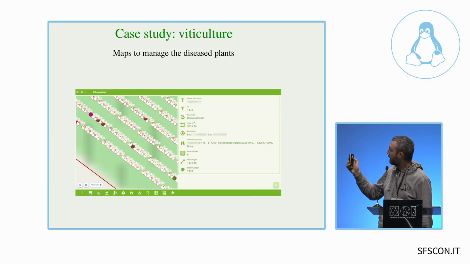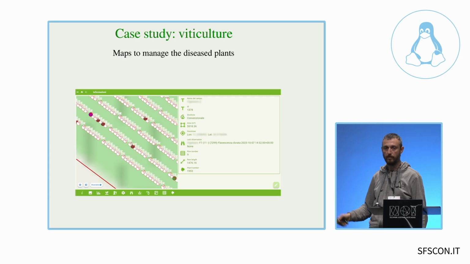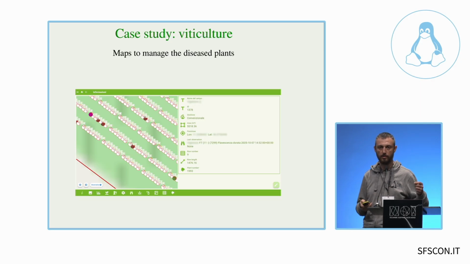And yes, they can manage it with the app. This is on the tablet side. They can see which plants are already marked as diseased, so they can cut without making a duplication or maybe some mistake, because you say, oh, the third plant, and they cut the fourth one or something like that.